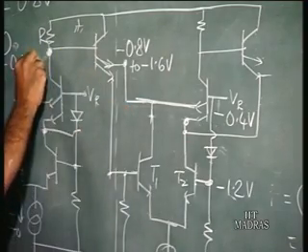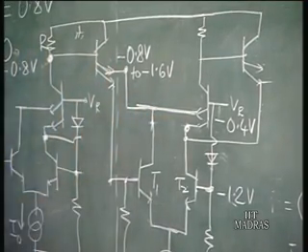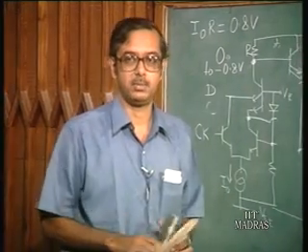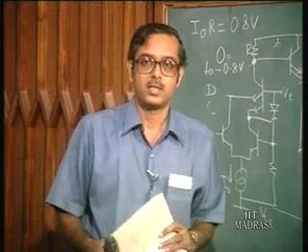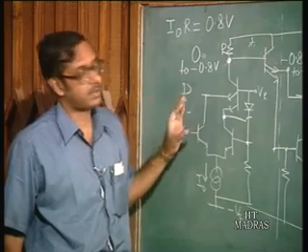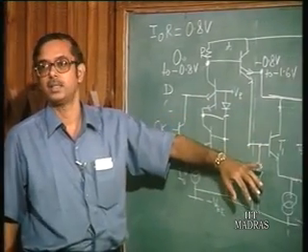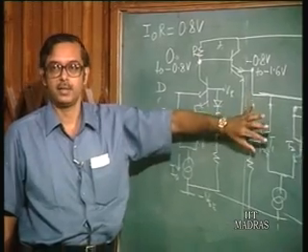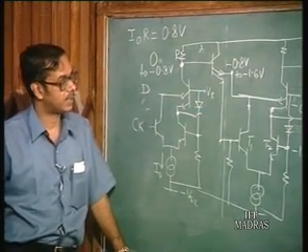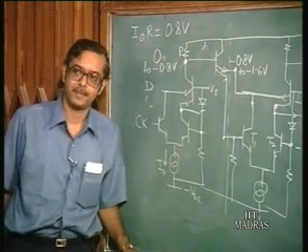And if this goes to minus 0.8, then this one is off and this one turns on. So, you see that there is no problem from the voltage compatibility point of view. So, the EFL circuit does not require any level shifting, although you have a stacked structure as here. That is the important thing, because level shifting would mean that you require additional circuitry.